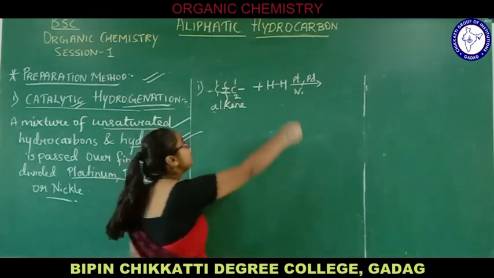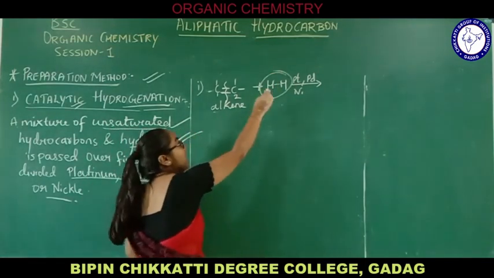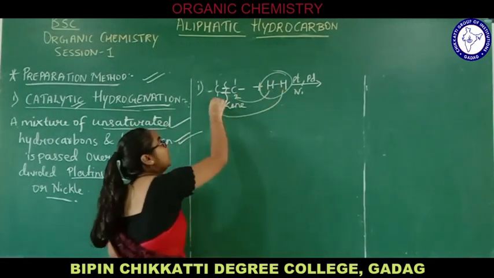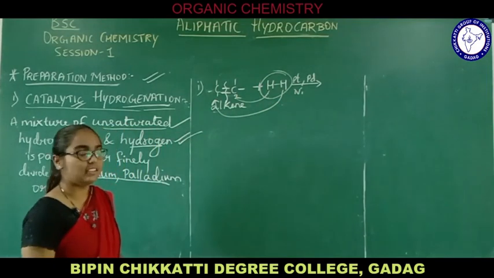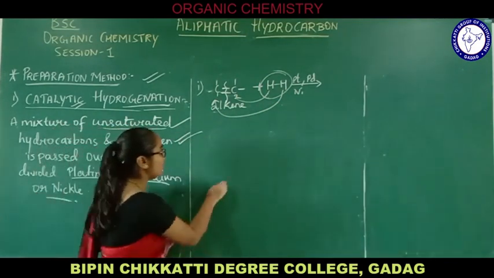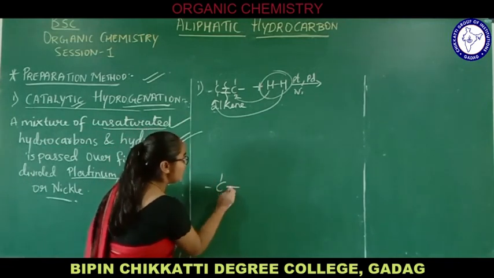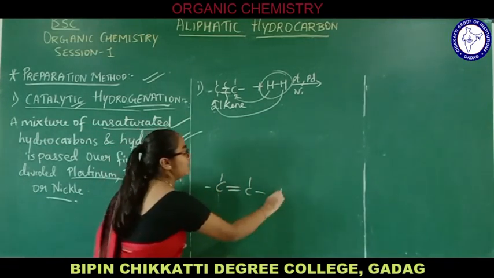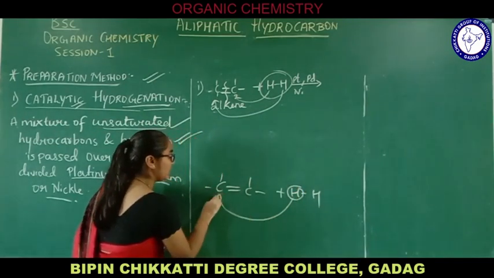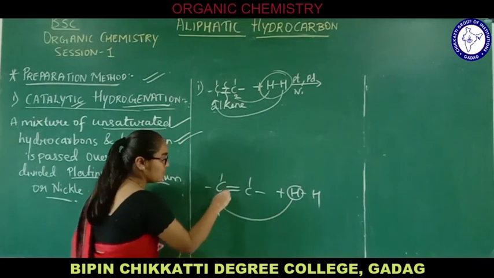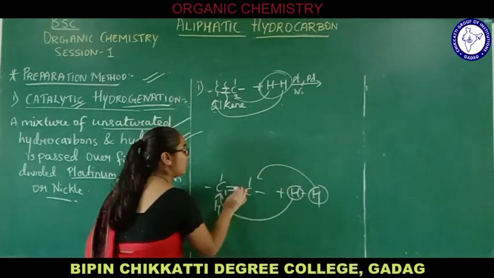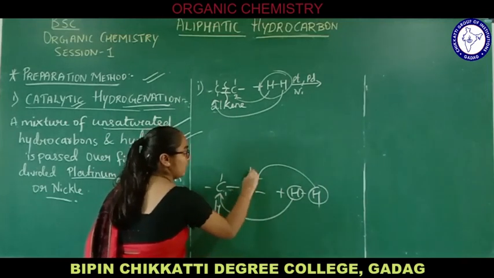So here now these hydrogen atoms are there, no? These hydrogen atoms will go and bind to each carbon atom, and they are going to bind from the same side. It's not like one hydrogen atom goes and binds to a carbon atom on the downside, and the other hydrogen atom binds to the other carbon atom on the upside.